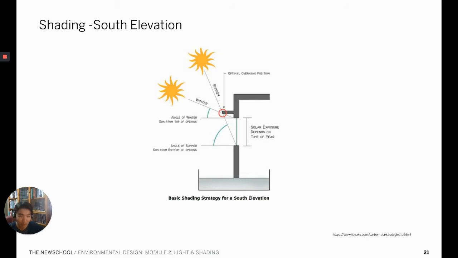Even though the current overhang position is optimal for blocking the summer sun, it seems to be vulnerable to the lower winter sun angle, and it seems to be creating glare discomfort for the users inside during the winter. The shading should be adjusted by locating the optimal overhang position to address the low winter sun as well as the summer sun.